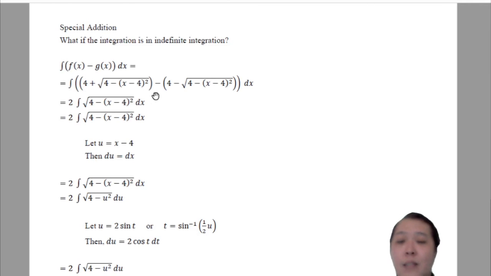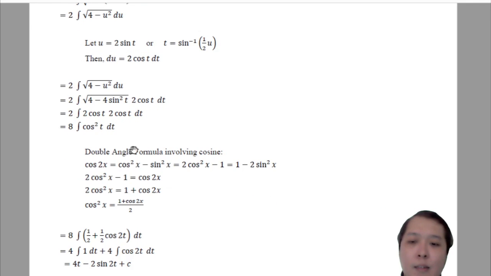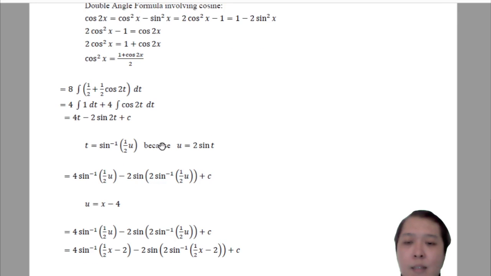We are still using the same method that I used before: substitution, then special substitution using the sine or tangent or secant, and then also the double angle formula. And then in the last step, we should convert the variable back to x, t to u and then u to x. That's why it looks so ugly here.